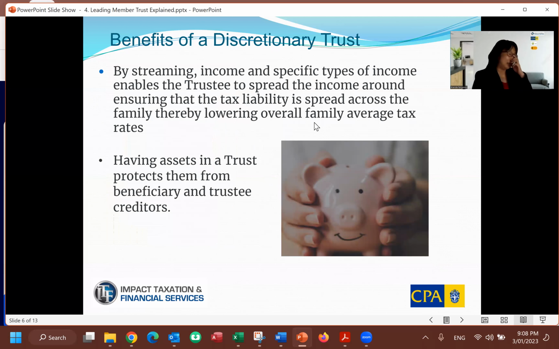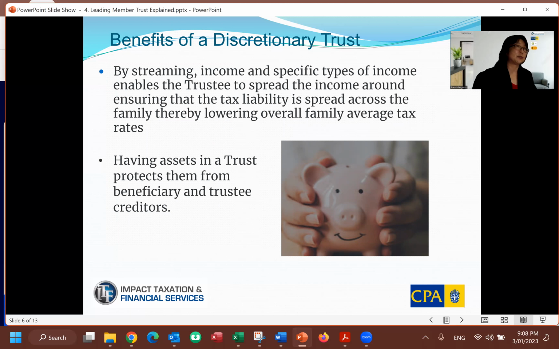So what are the benefits of a discretionary trust? As I mentioned earlier, there is income streaming, such as the capital gains distribution. First, you choose the family member who had a capital loss before. That's a typical streaming.